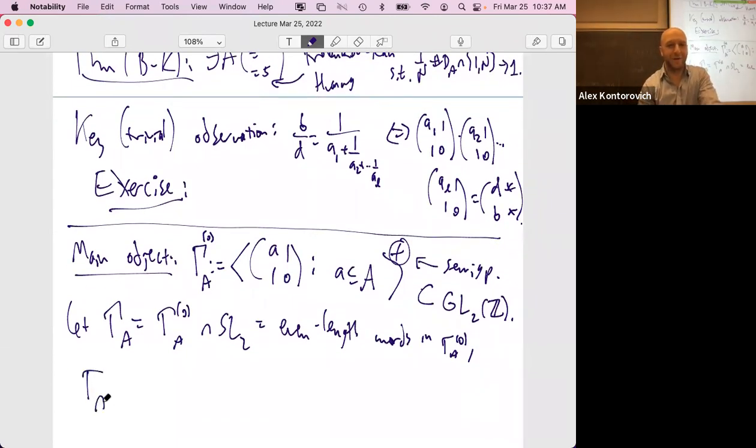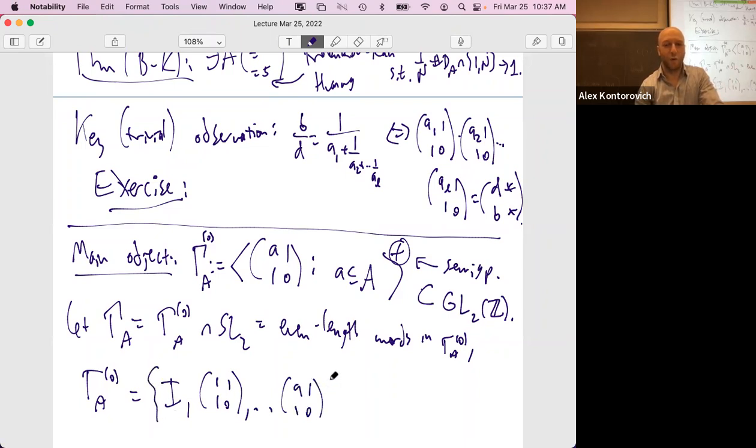Gamma A, if I want all of gamma A0, that's just, I can put an initial letter or nothing. So I can put the identity, or I can put one of this finite list of (1 1; 1 0) up to (A 1; 1 0). So it's an orbit.